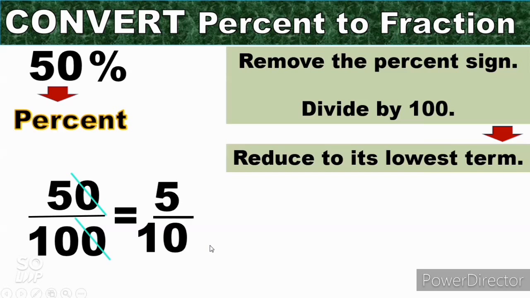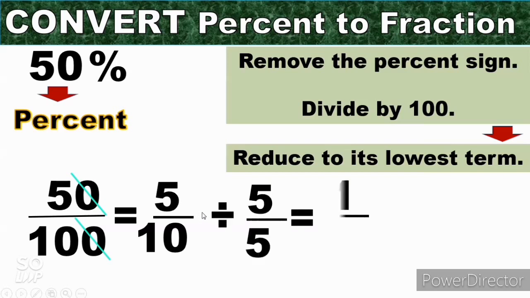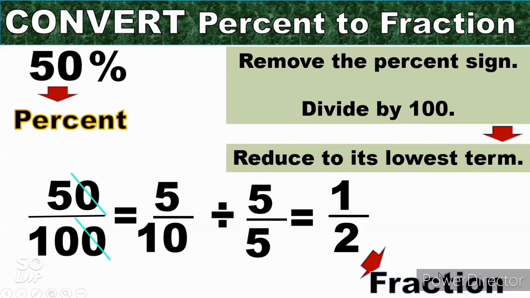Then now we have 5 over 10. And then divide by the greatest common factor of 5 and 10, which is 5. So 5 divided by 5 is 1, 10 divided by 5 is 2. So now we have 1/2, and that is a fraction. So 50% is equivalent to 1/2 in fraction. Okay, that is how to convert percent to fraction.